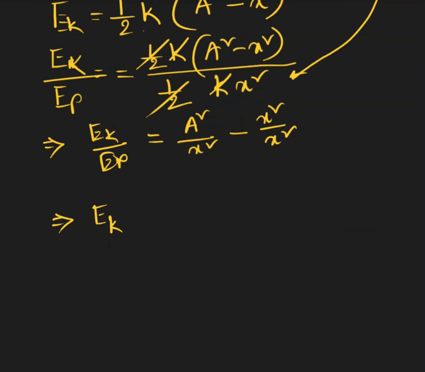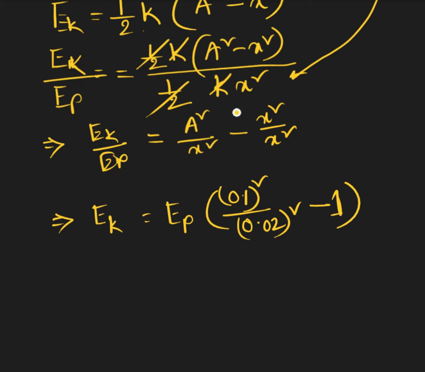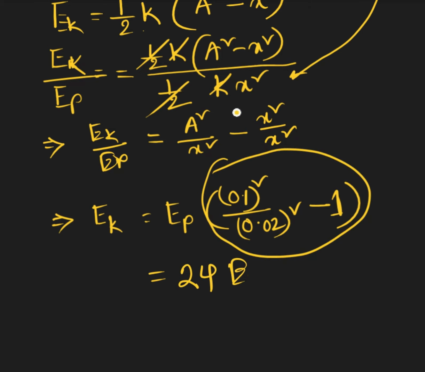Now EK over EP is equal to, plugging in all the values, a will be 0.1 whole square, and x, the displacement from the question, 0.02 whole square, minus 1. After calculating, from here we'll get 24 EP.